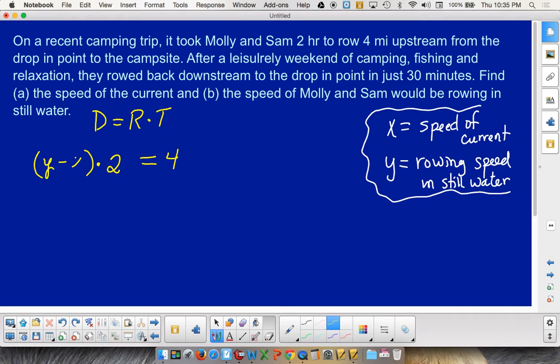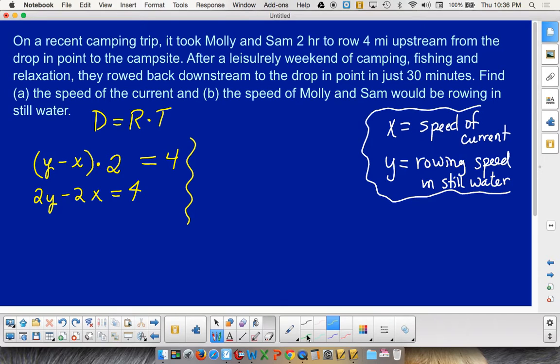So then the current is slowing them down, so you would be subtracting x. And yes, I need to clean up that equation, so that's really 2y minus 2x equals 4. Or I may decide I would prefer to have that negative 2x plus 2y if I want to reverse it. But let's do the second equation and see how that one turns out.